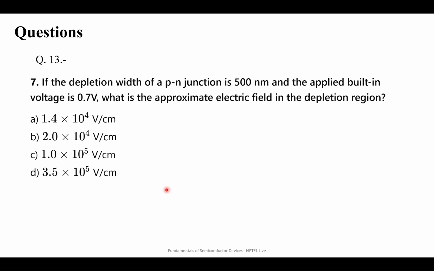So the answer to this will be 1.4 into 10 to the power 4 volt per centimeter. Electric field is just built-in potential divided by the depletion width. So you divide 0.7 by 500 nanometer, and the answer you get is 1.4 into 10 to the 4 volt per centimeter.